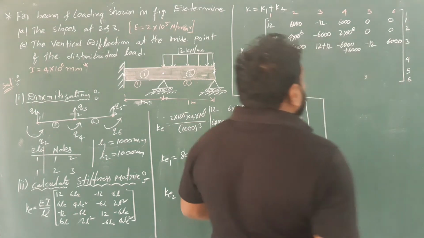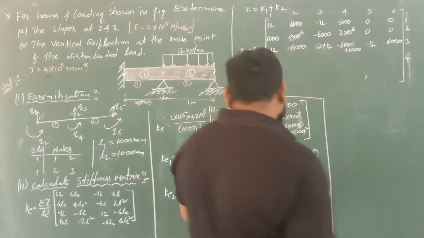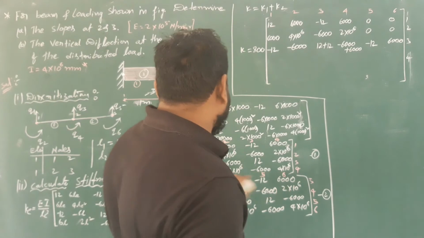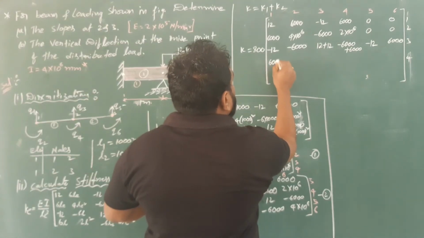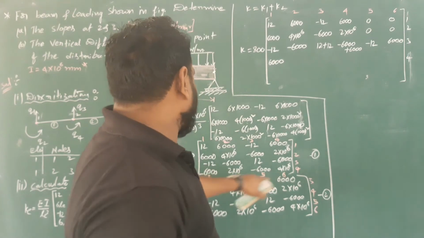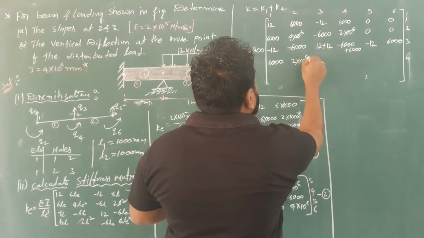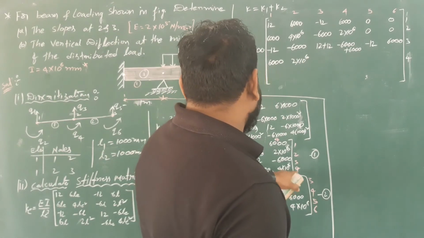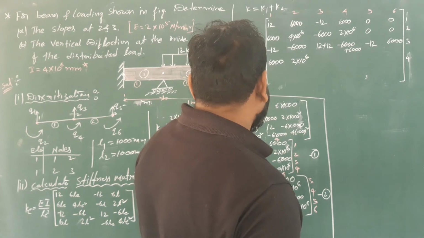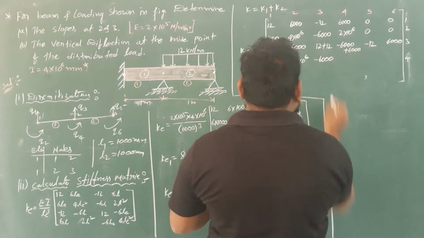Now fourth row. Fourth row, first column is 6,000. Next, fourth row, second column is 2 into 10 to the power of 6. Next, fourth row, third column is there. That is minus 6,000.